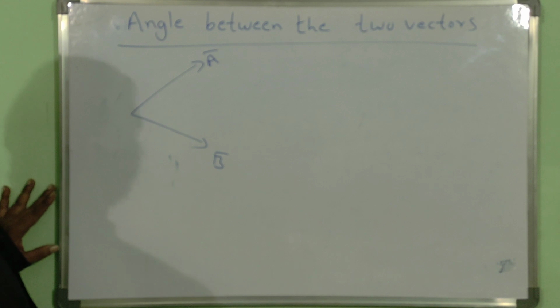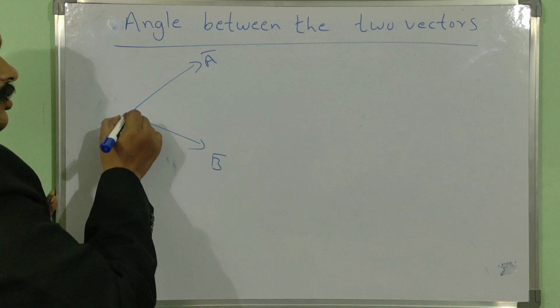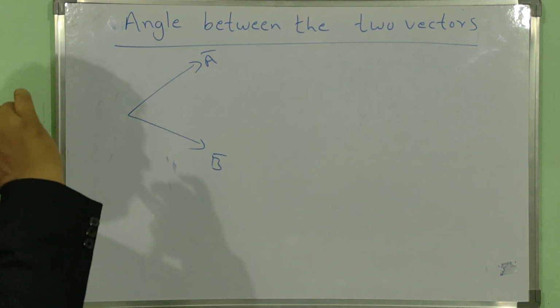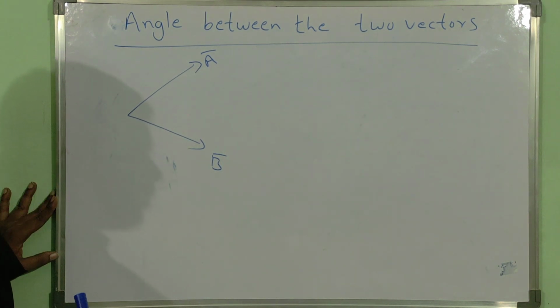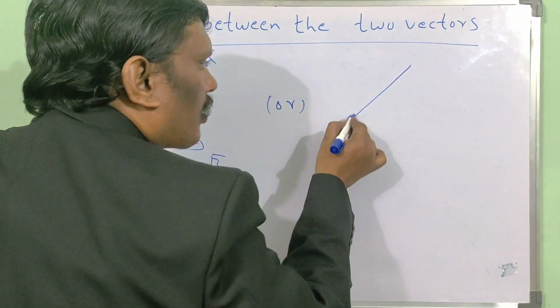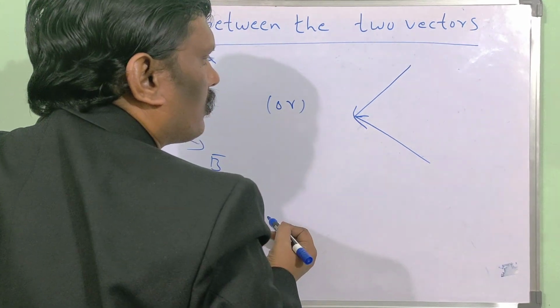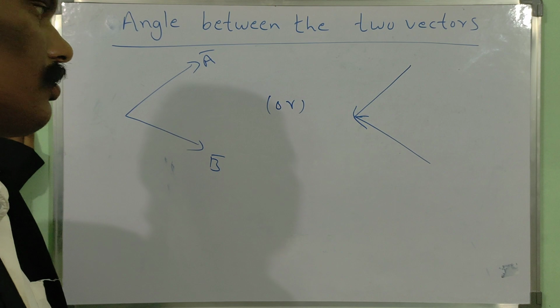To take the angle between the two vectors, the first condition is that the tail of one vector meets the tail of the other vector, that is tail to tail meeting, or tails together at one place, or one vector head should meet the other vector head. That is the first condition to take the angle between the two vectors.